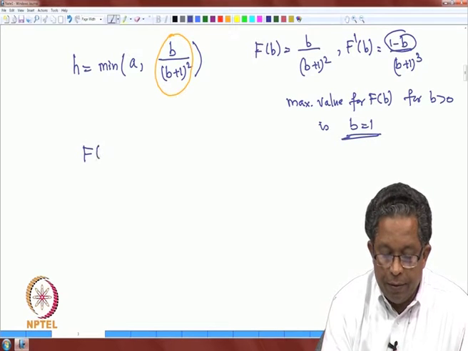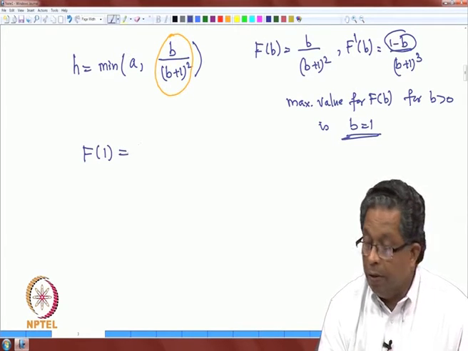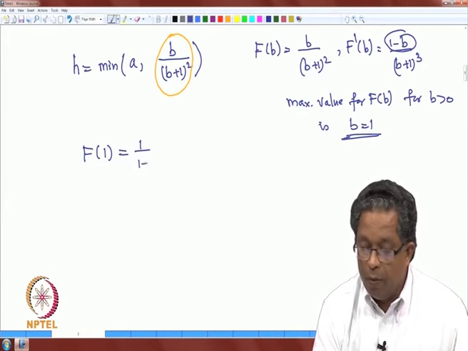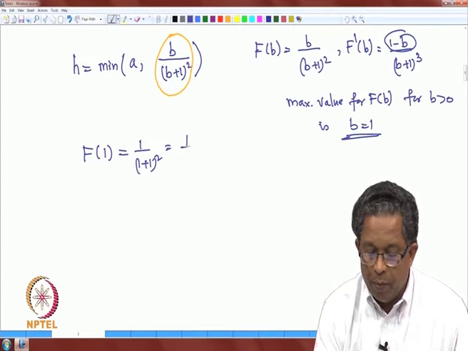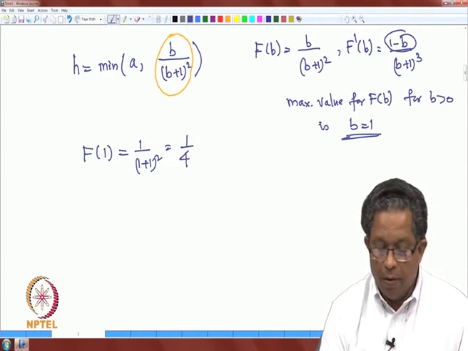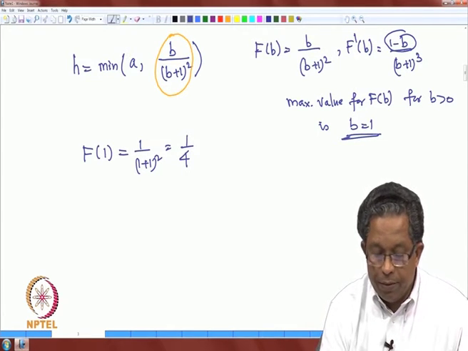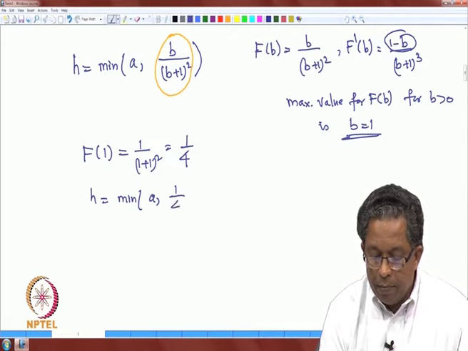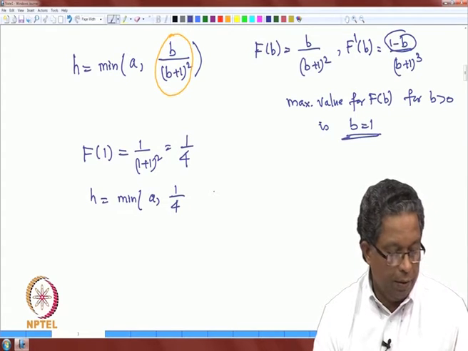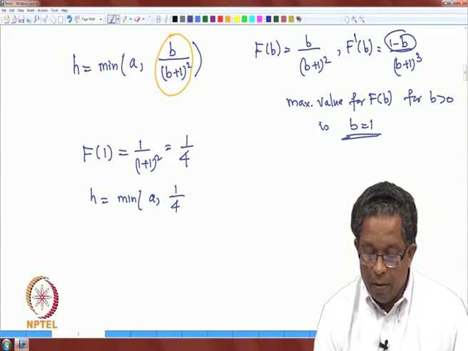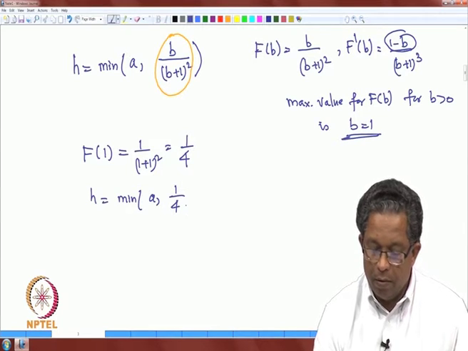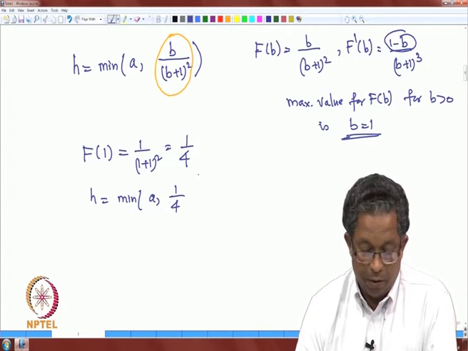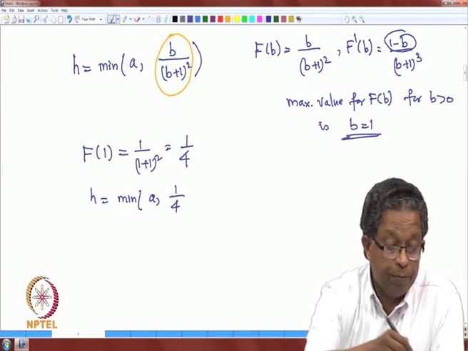So, f(1), the maximum value, is 1 over (1 + 1) squared, which is 1 by 4. And h, therefore, is the minimum of a and the maximum value for b over (b + 1) squared, which is 1 by 4.